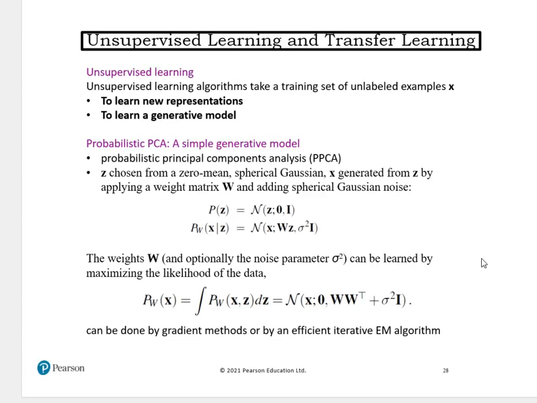So suppose we learn a joint model, for example, P sub W of X and Z, where Z is a set of variables that are unobserved. And these variables Z represent the content of the data X, which we know, the input X, in some way.